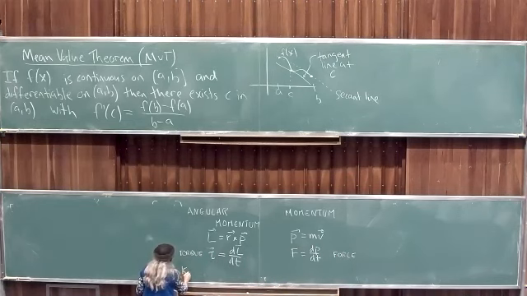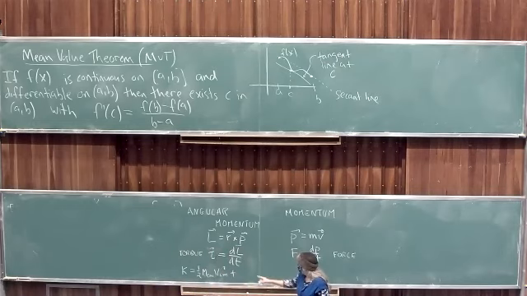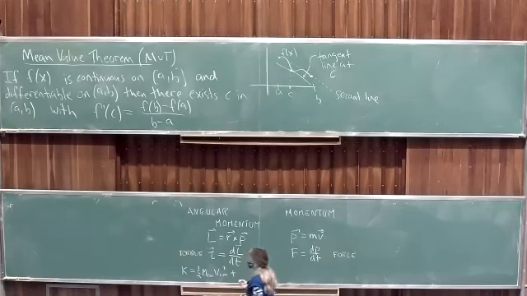energy, so kinetic energy. Is the center of mass kinetic energy plus the rotational kinetic energy, which we could also write as 1/2 I omega squared.